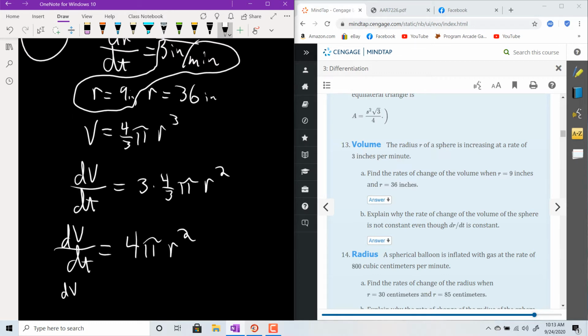So when r is 9, the rate of change of the volume with respect to time will be 4 times pi times r squared, which is, sorry, not 36, but that's 81, and then times 3. Okay, and then I'm going to have to go to my calculator for that one.